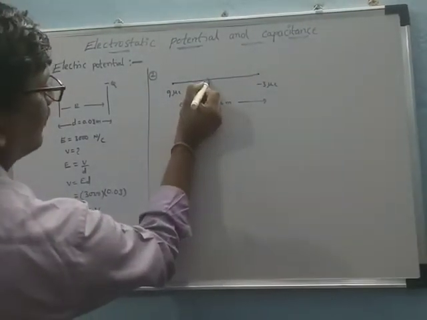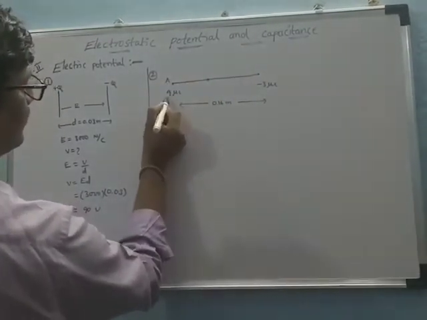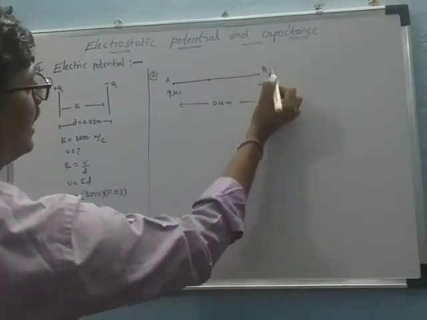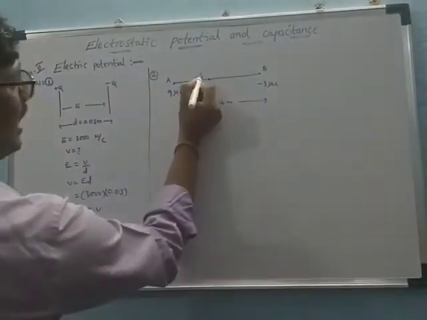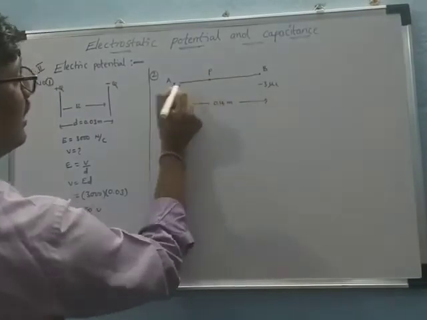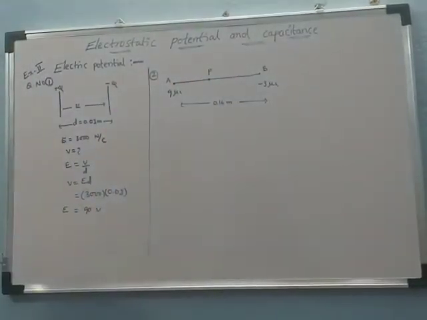For example, the positive charge is placed at point A and the negative charge is placed at point B. The electric potential is 0 at a point P on the line joining the two charges.